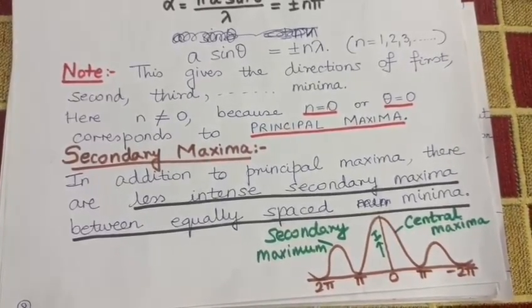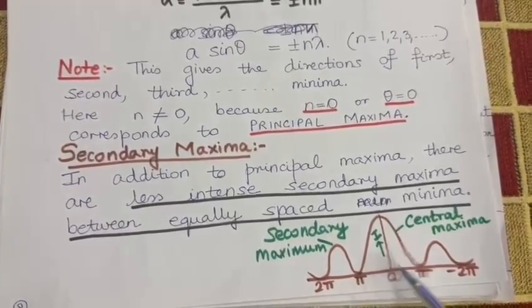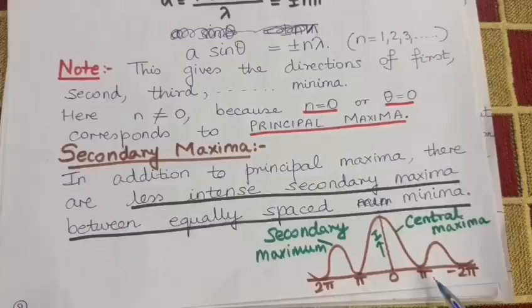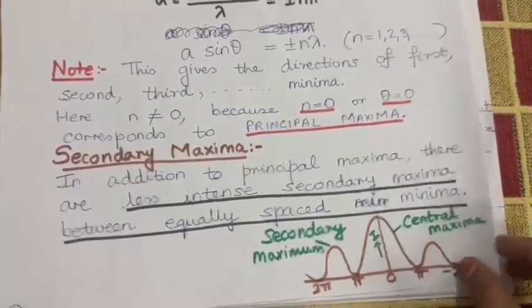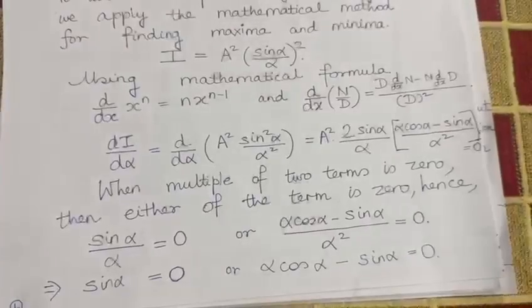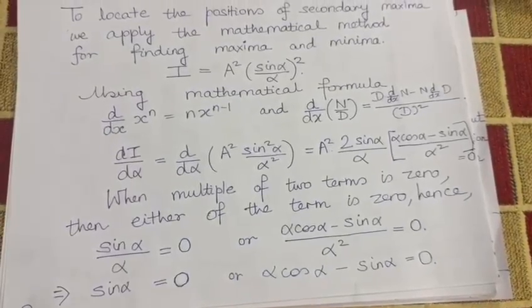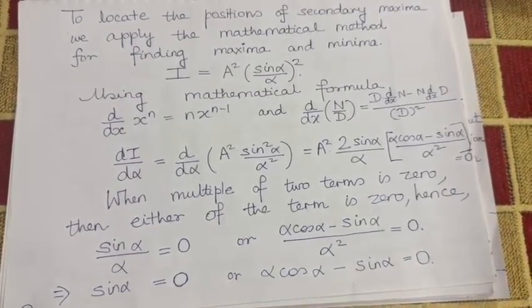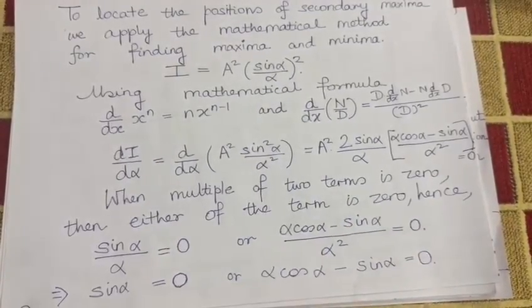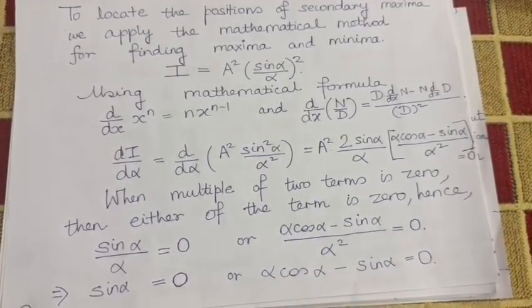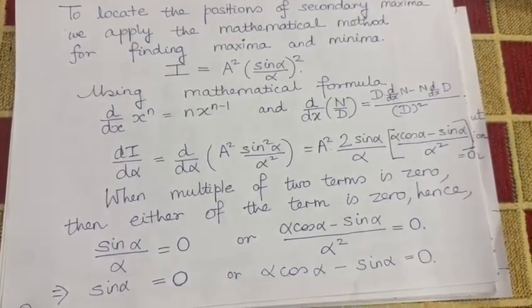Secondary maxima: in addition to the principal maxima, we also get less intense secondary maxima, equally spaced in our diffraction pattern spectra. In order to locate their position, we will differentiate this expression of intensity using the mathematical formula d by dx of x to the power of n and d by dx of numerator by denominator.